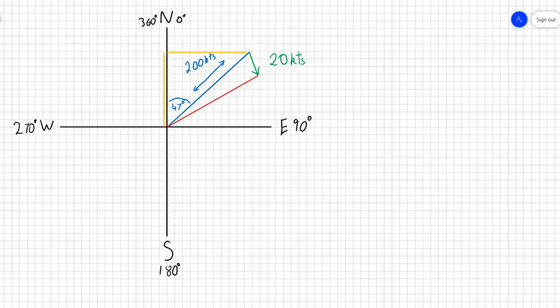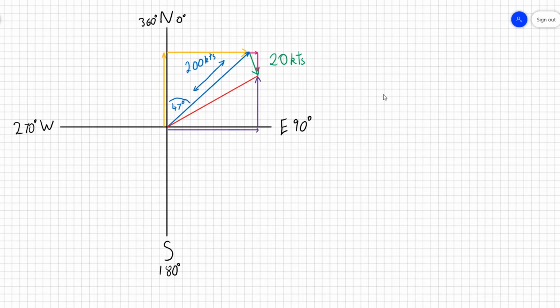The two yellow lines that I've just drawn up there are the first vector, so our blue line just here. That we can just work out as a right angle triangle to give me my two components, which are the two yellow lines we've drawn there. My second vector that I'm adding on, I again can look at as a right angle triangle using the two pink lines that I've added on there.